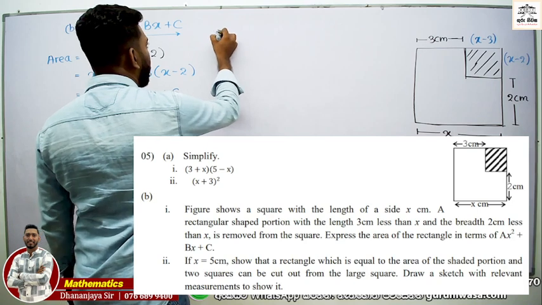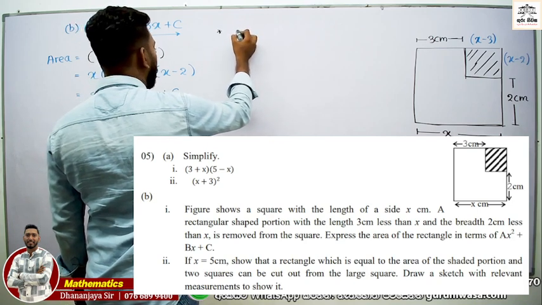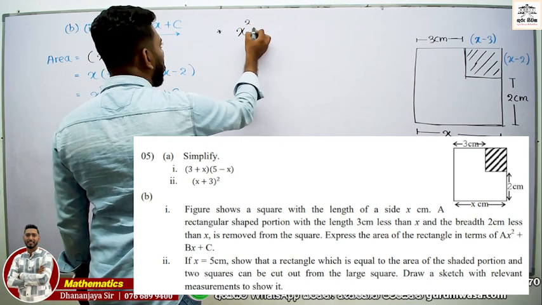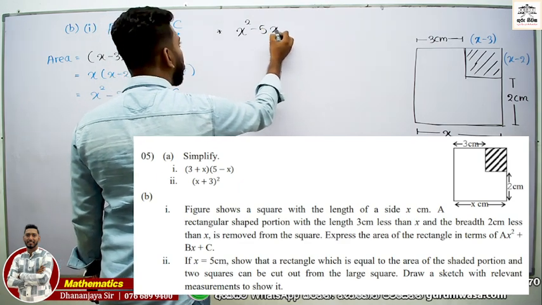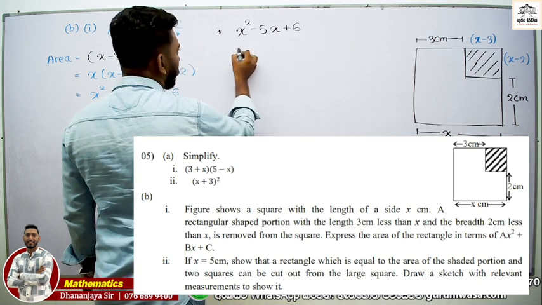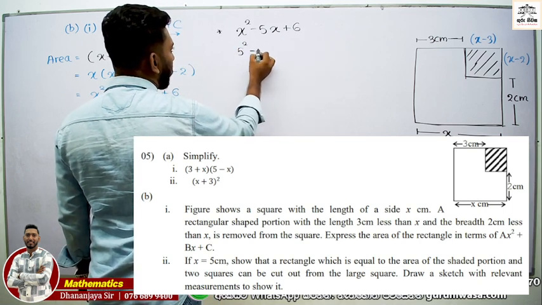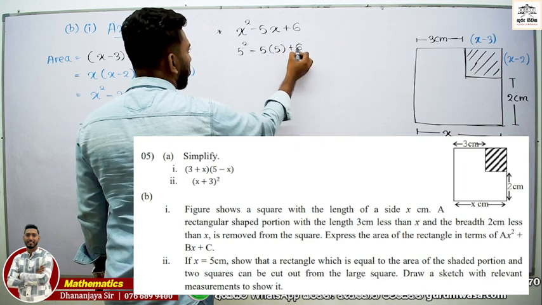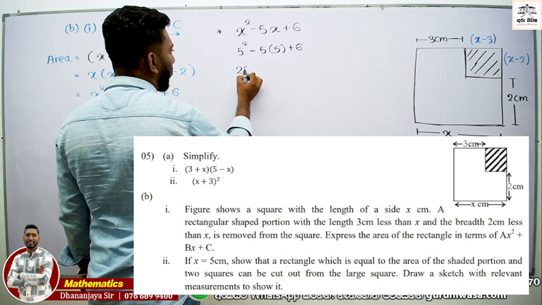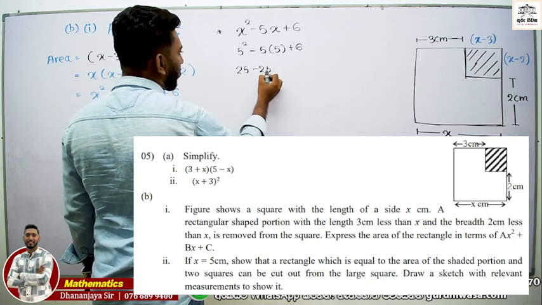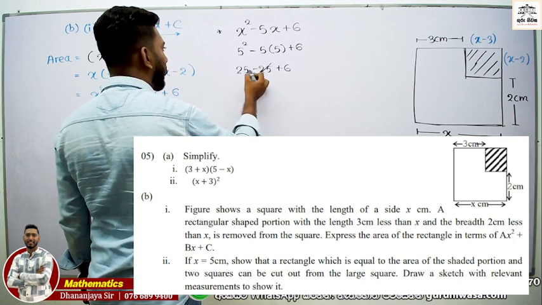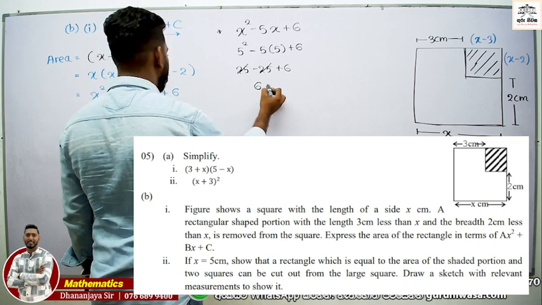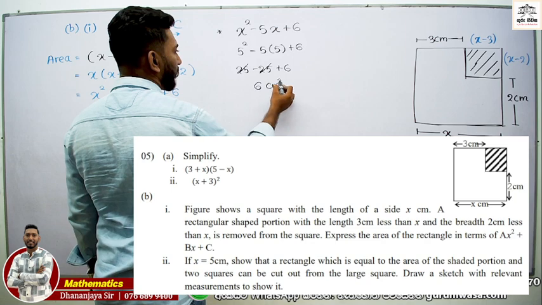Take x squared minus 5x plus 6. Then the answer is 5 squared minus 5 times 5 plus 6, which is 25 minus 25 plus 6. The answer is 6 cm squared.